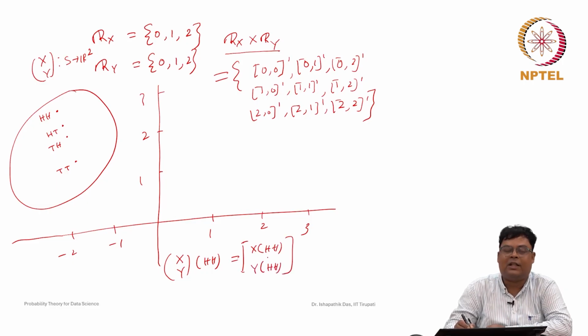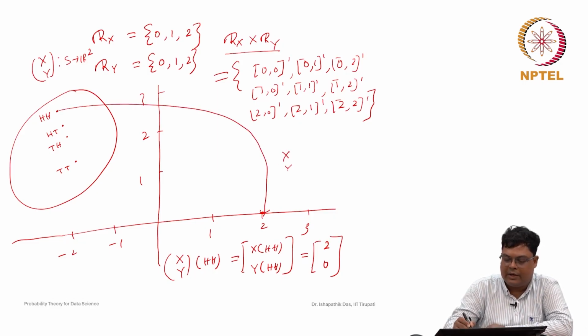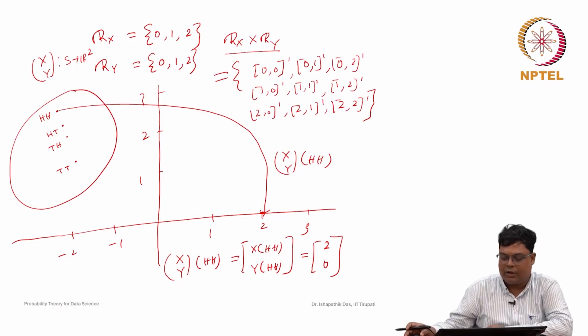X of head head is the number of heads, which is 2, and Y of head head is 0. So, this is nothing but (2, 0). Basically, this is mapping to this point, which is (X, Y) of head head. Now, what is the value of, suppose, (X, Y) of head tail?